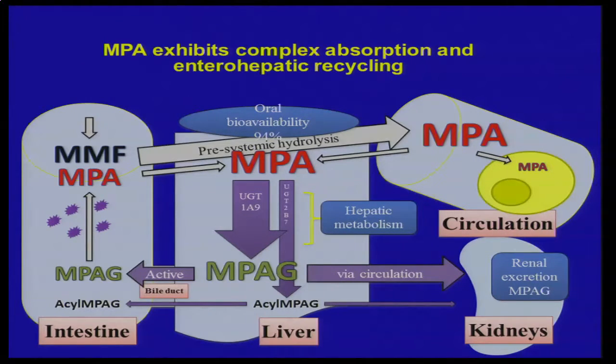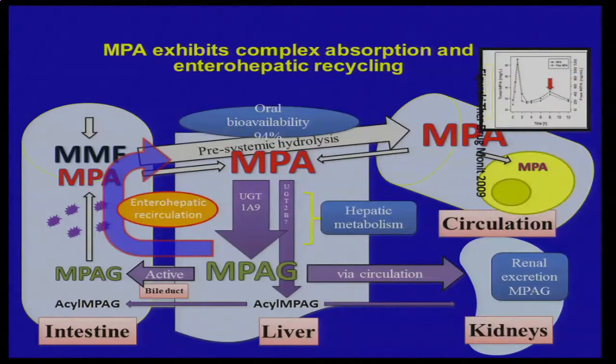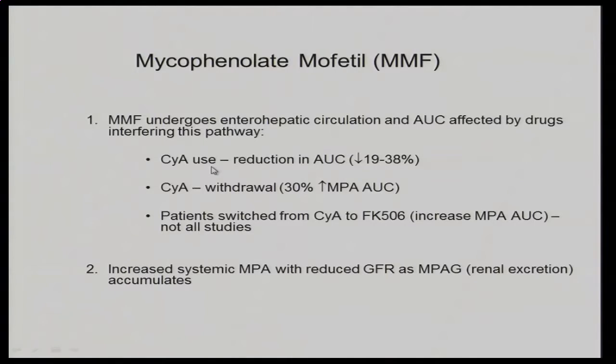And so what you can see there, that if you do get accumulation of MPAG, as in renal impairment, you can get excess amounts of mycophenolic acid being produced. That's the first thing. And when you look at that enterohepatic circulation, it's what produces this second peak when you get the initial absorption of MPA production, followed by this secondary peak, which is the enterohepatic circulation. Now, it's important for two reasons.